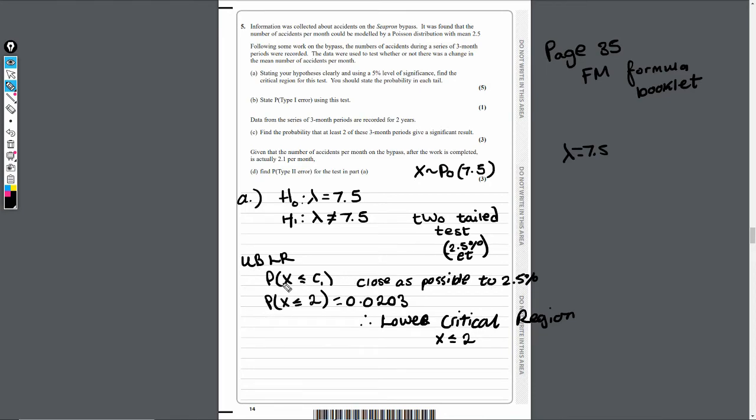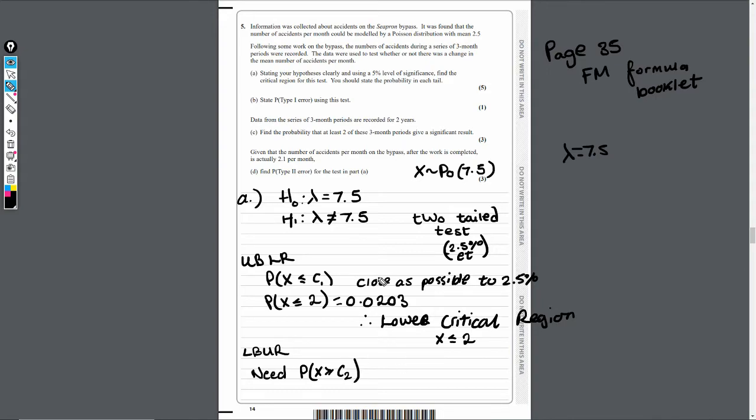Now we can do the same with the lower boundary upper region. This is a tongue twister between the two of them. So if I call it LBUR, what I need now is kind of the opposite. So I need the probability that X is greater than or equal to C2.